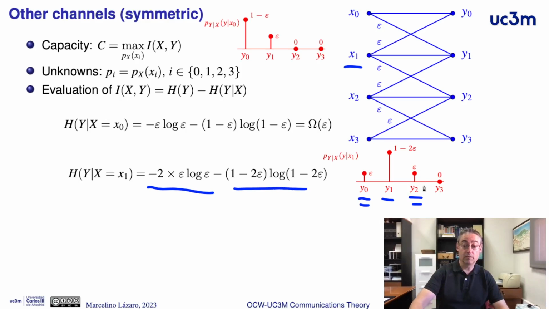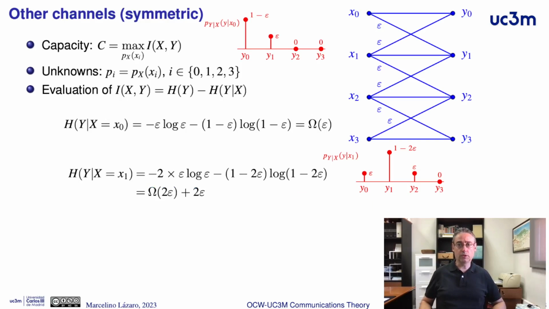Here we have the term associated to the probability 1 minus 2 epsilon, minus this probability times the logarithm of this probability. We can rearrange these terms to get a more compact expression, but in any case, it's relatively simple to obtain this conditional entropy.